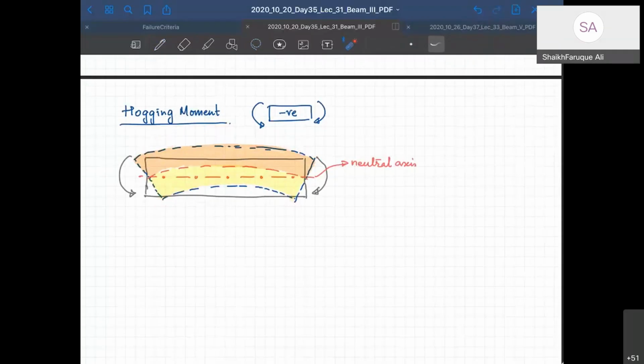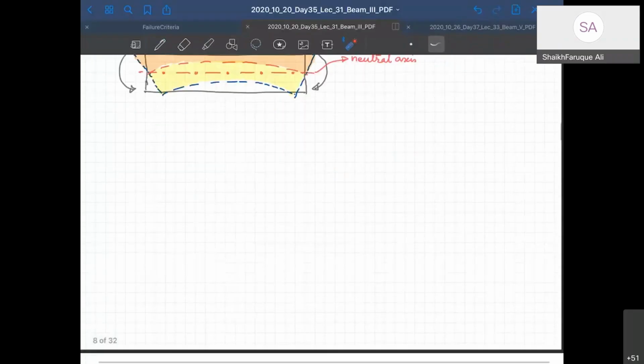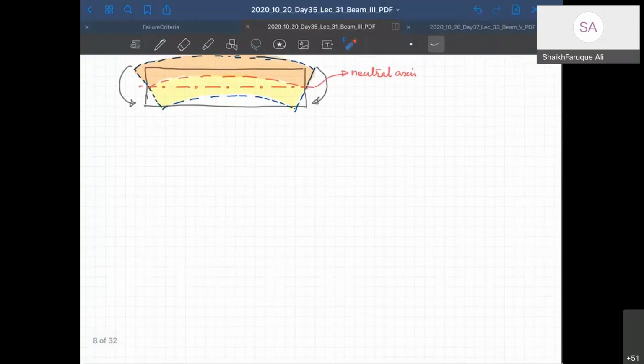We'll discuss more about this in the next class. Why pure bending, and then from the pure bending understanding, we will quantitatively define the stresses and strains. Now, one more point before I leave: looking at bending stress.